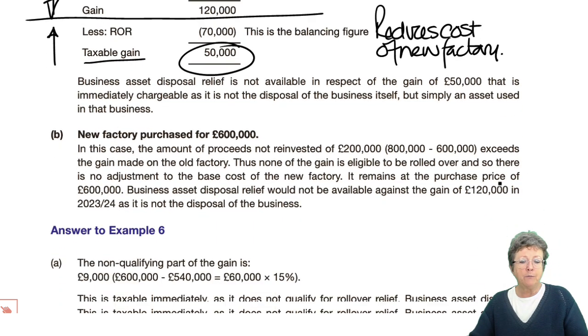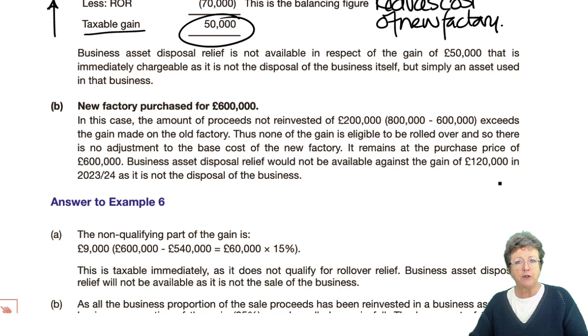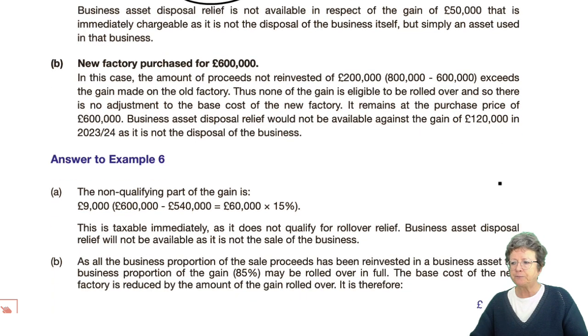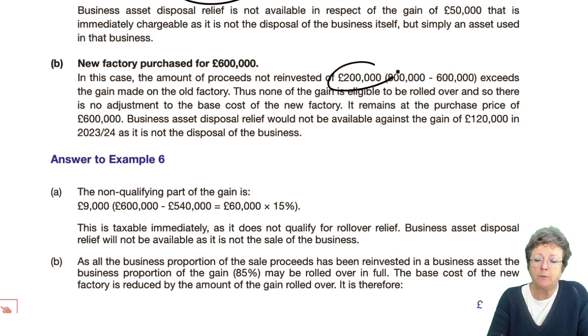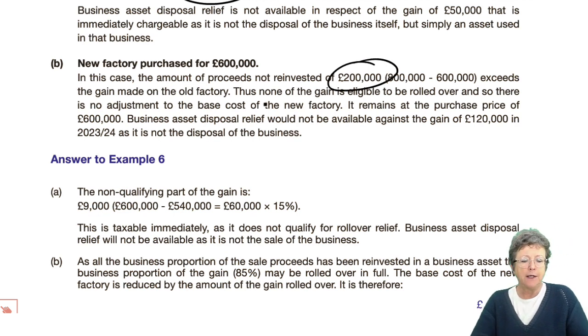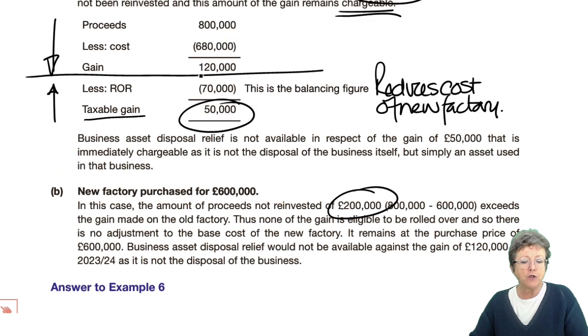Now, what happens? This is the same question, different figures, different outcome. In this case, the amount of the proceeds not reinvested, which we worked out to be £200,000, exceeds the gain made on the old factory. The gain was 120.